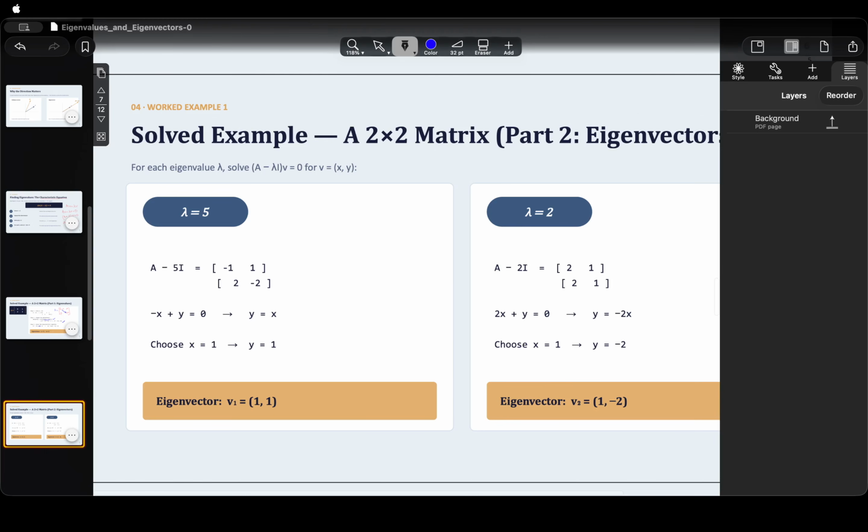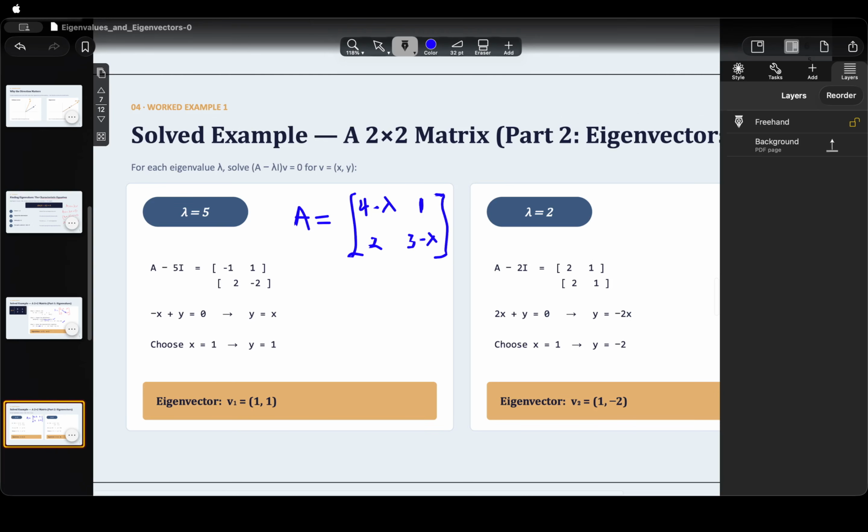For each eigenvalue, we need to find its corresponding vectors as well. So the initial matrix we had, which is A minus lambda I, was 4 minus lambda, 1, 2, then 3 minus lambda as well. Okay.